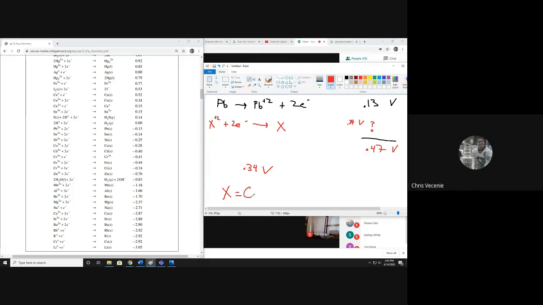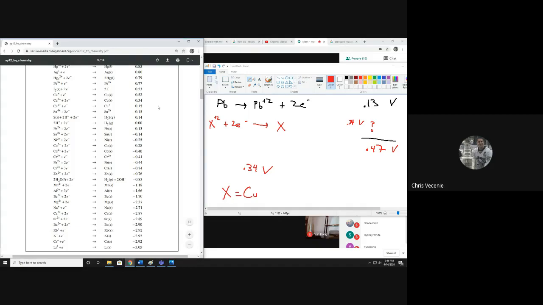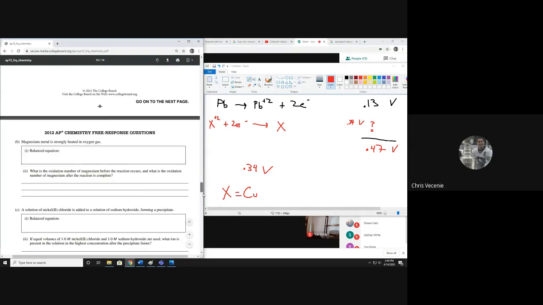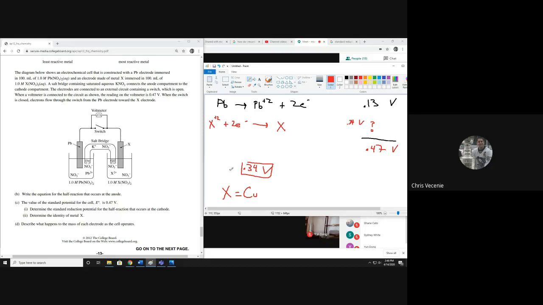So you guys know it's copper because the 0.34 matches the 0.34 here. All right, so that's how we figured out that that was copper. So the 0.34, that's letter I, and then the copper is II.